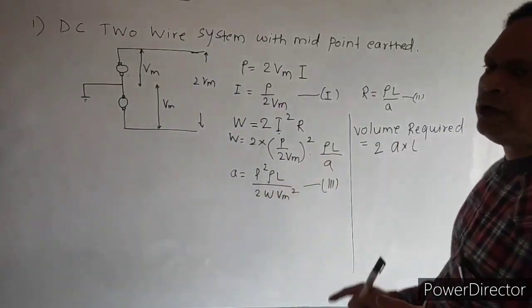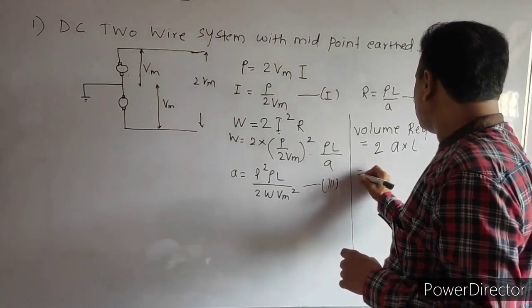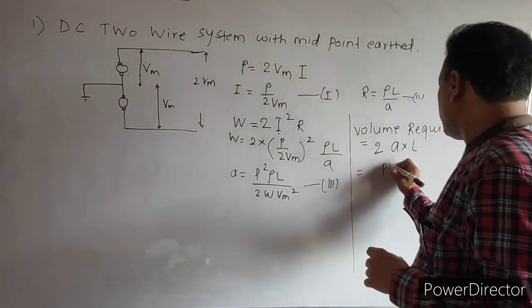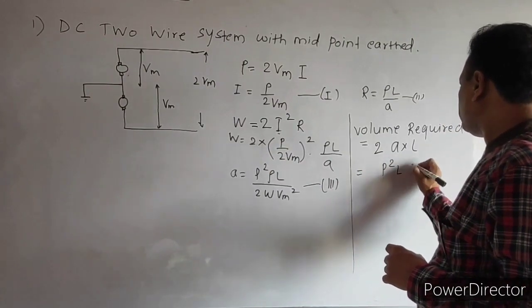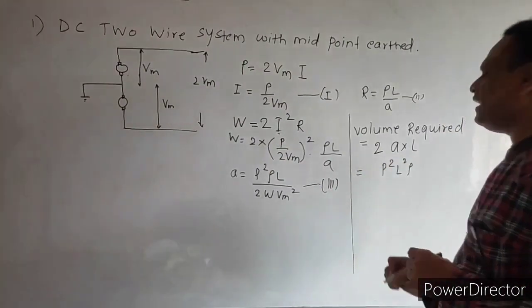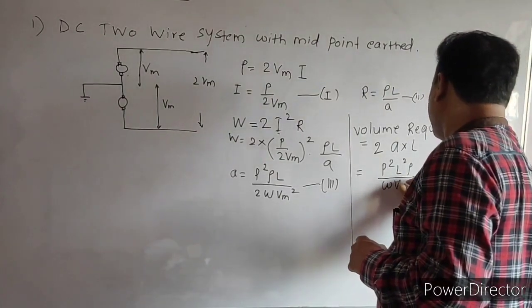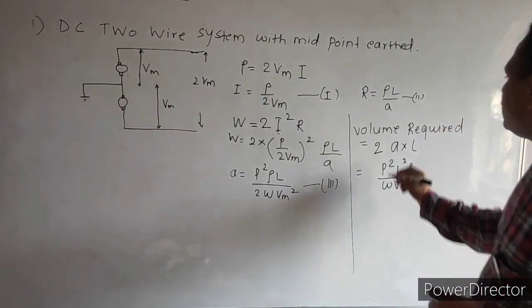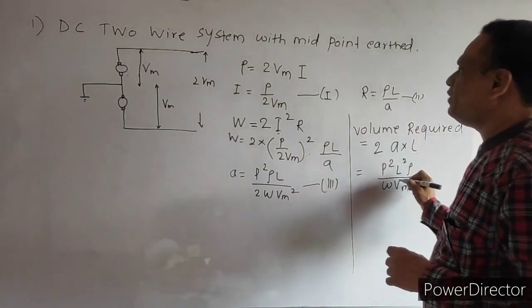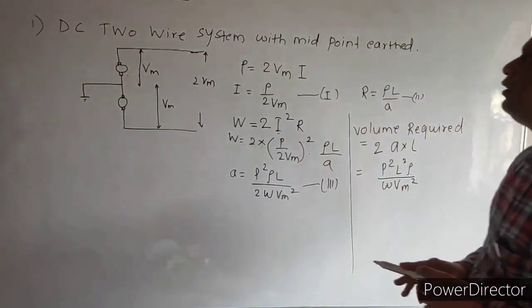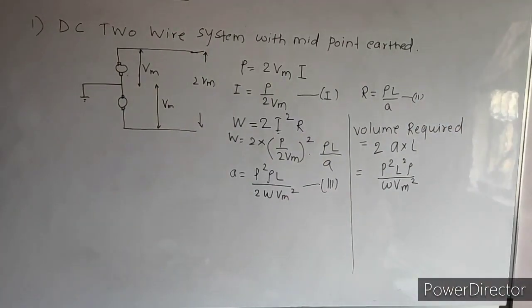If I do the calculations, I will get the value: P square L square rho upon W Vm square. So this is the volume of conductor which is required in the case of DC two wire system with midpoint earth.